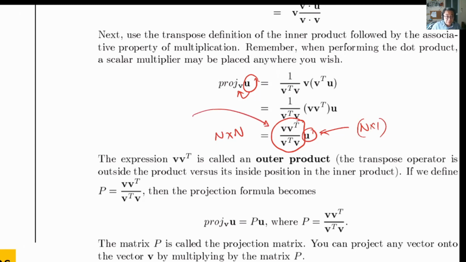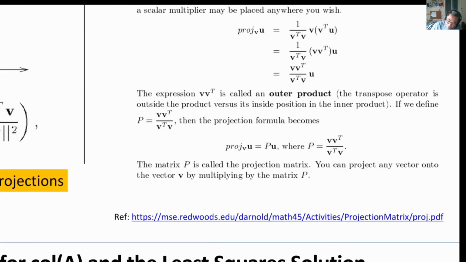This matrix is very special. It has a name. It is called the projection matrix. It projects u onto the space of V. So once we have found the projection matrix, we call it P, we can project, for example, any vector, let's say y, onto V. It will be P times y.